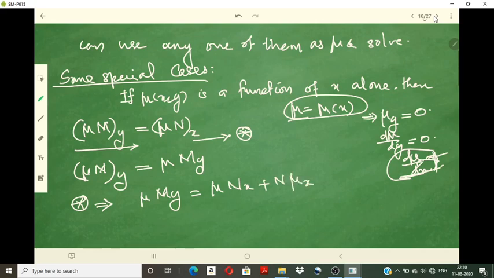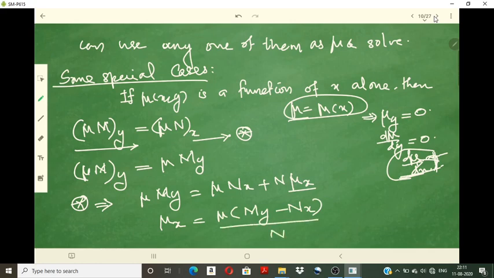Or we can take μ_x alone and take all other things to the left. So μ_x is equal to μ into M_y minus μ into N_x, that is μ into (M_y minus N_x), divided by N.